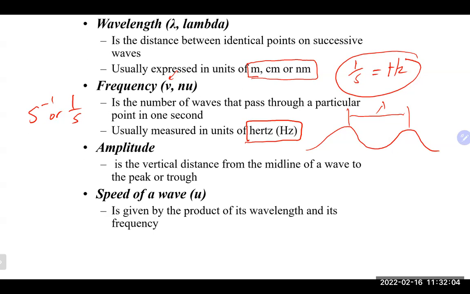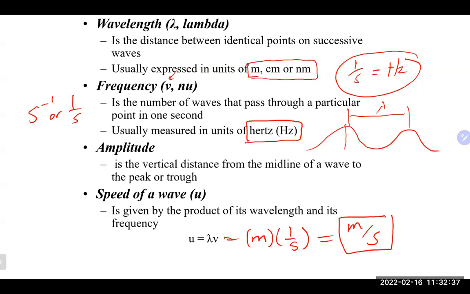The amplitude of the wave is the vertical midline, from the peak to the trough. And the speed of the wave, which is sometimes abbreviated with a U, is given by the product of the wavelength times the frequency. Again, wavelength is typically in meters, frequency is typically in 1 over seconds, which usually when we talk about the speed of a wave gives us units of meters per second.